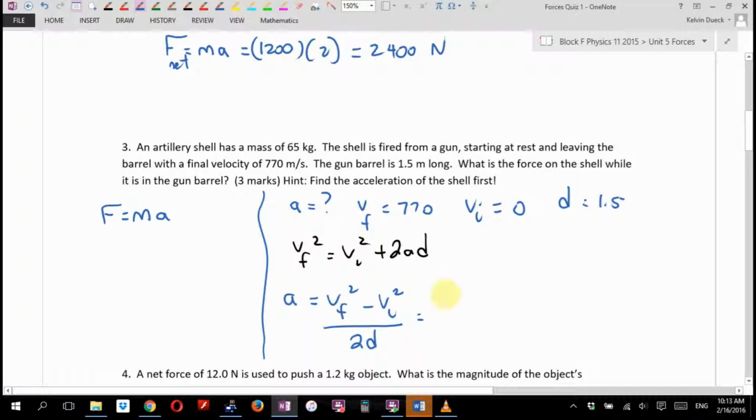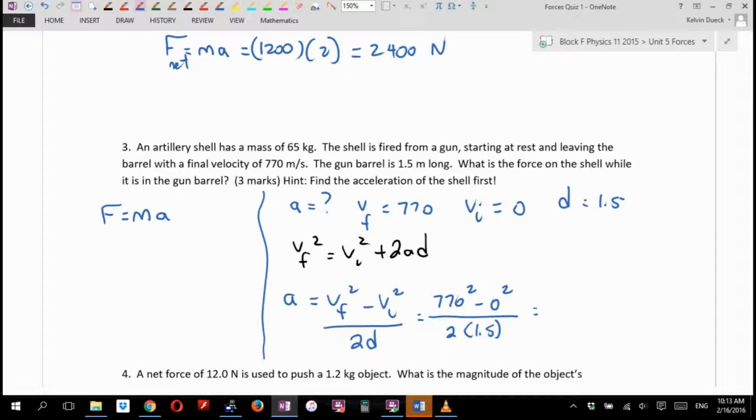It's going to be 770 squared minus 0 squared all over 2 times 1.5. An artillery shell, do you think that would have a big acceleration or a small acceleration? I think a really big. I'm expecting a big answer here. I'm not going to freak out if I get a big answer here.